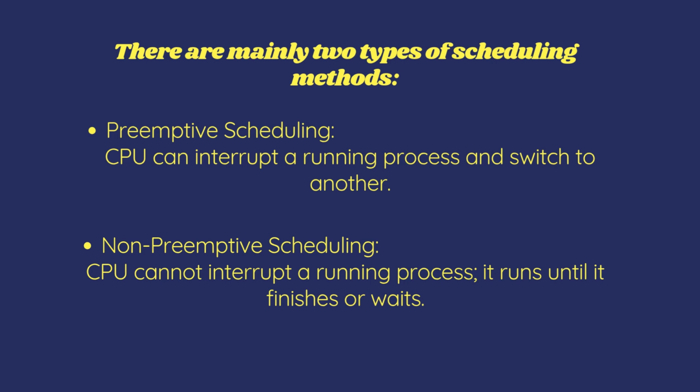Non-preemptive scheduling is when the CPU cannot interrupt a running process, so it runs until it finishes or waits. For example, you put food in a microwave, and it will finish the entire timer before you start heating another food. That's called non-preemptive.